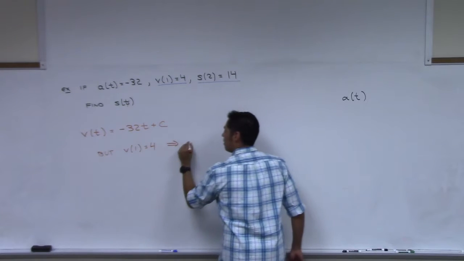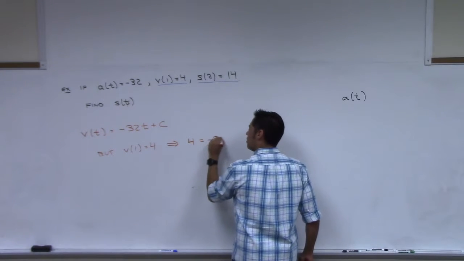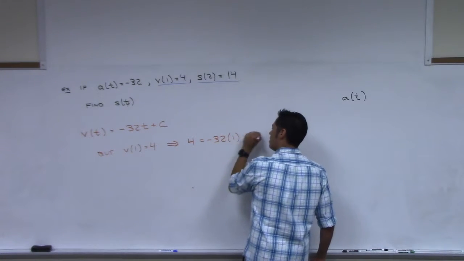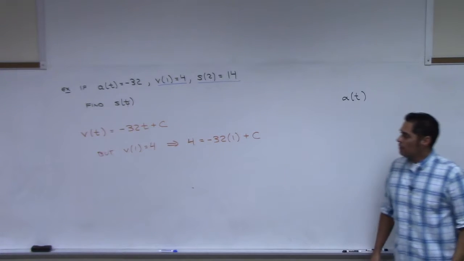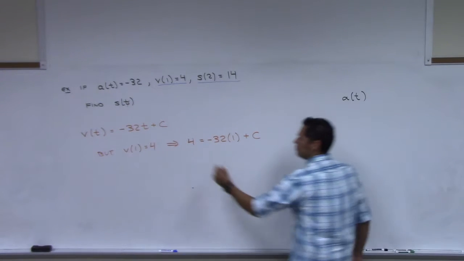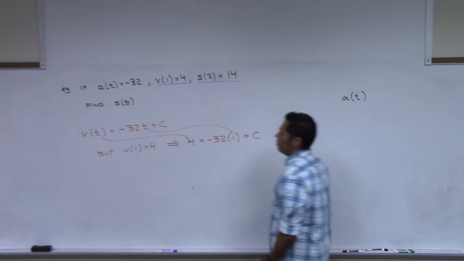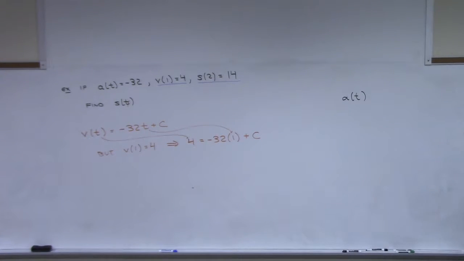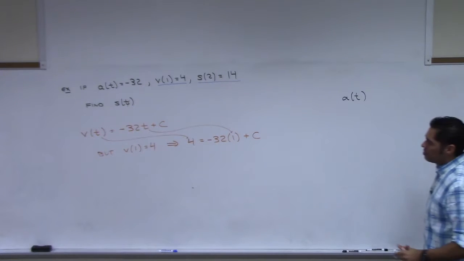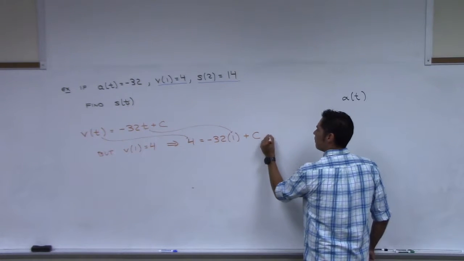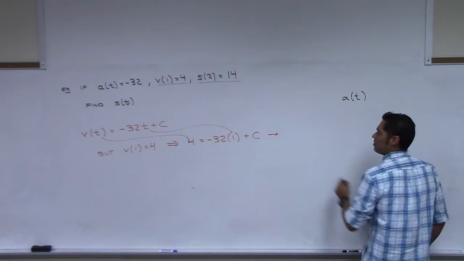So this equation becomes 4 equals negative 32 times 1 plus c, right? So t is the 1, and that is the 4. And I can solve for c. So what's c here? 36?